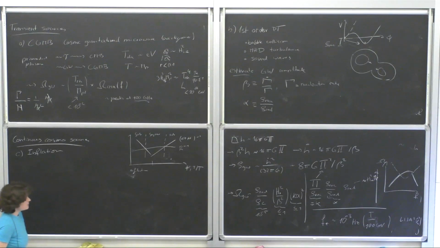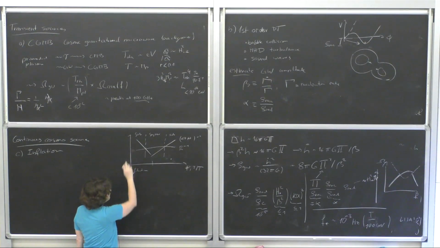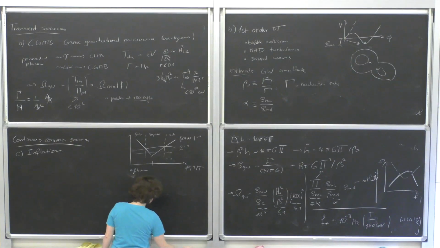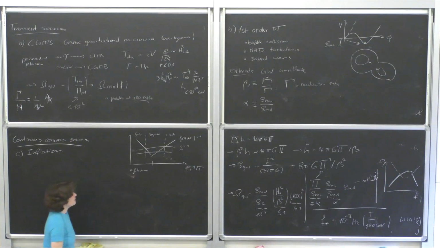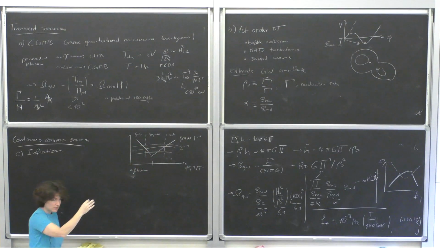And now the statement is that, okay, here I've just drawn it for one mode. But there's more than one mode. At some later point in time during inflation, we can have another mode. So at different points in time, I have different modes which are entering the horizon.